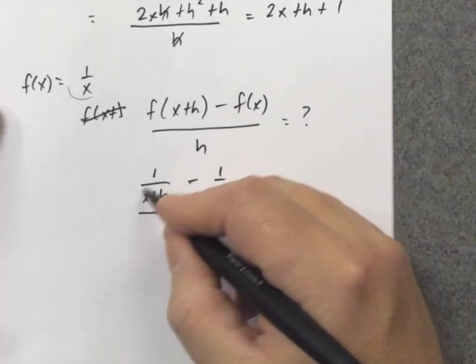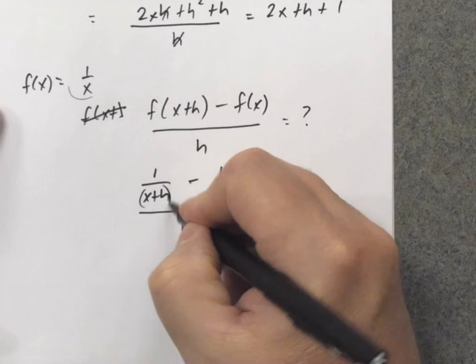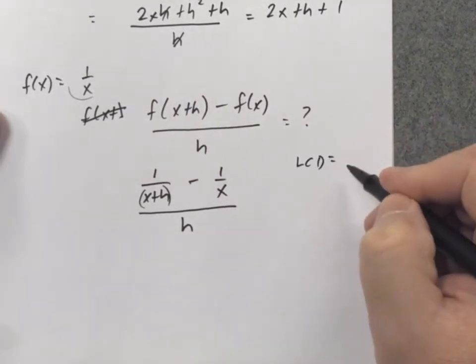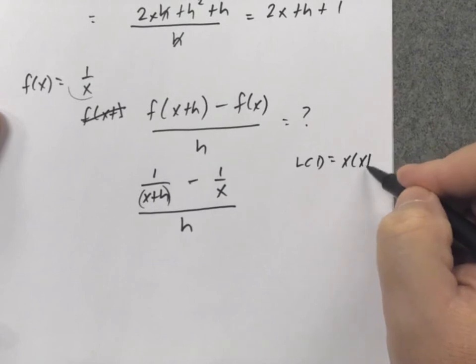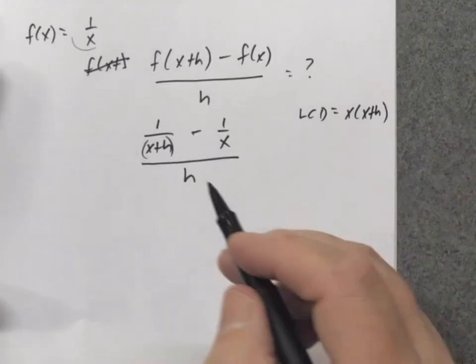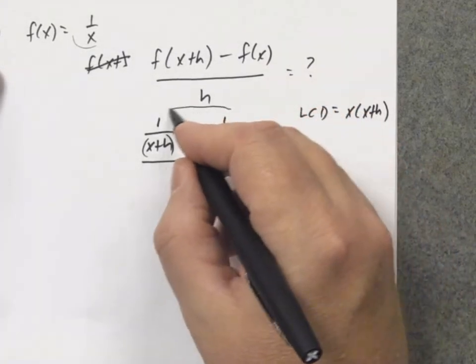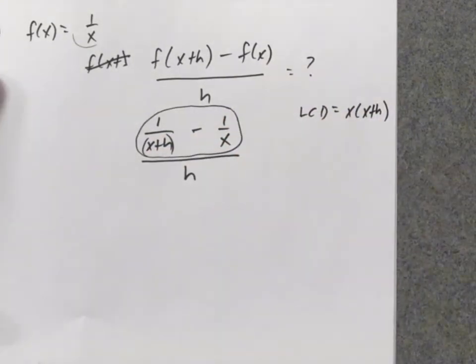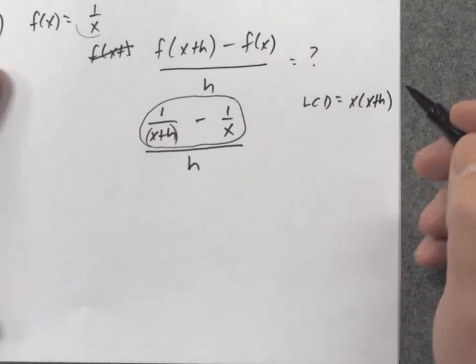So if I look here, this denominator is x plus h, this denominator is x, so my LCD is going to be x times x plus h. So let me just take this piece of it and let's go off and try and subtract those two fractions.